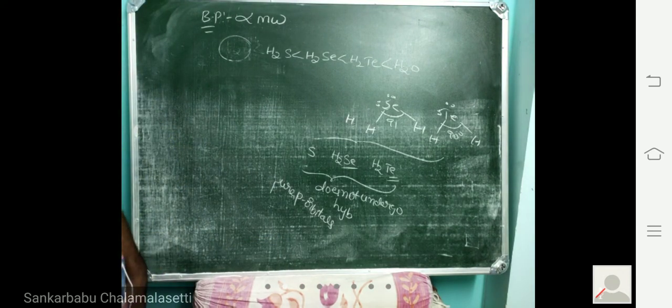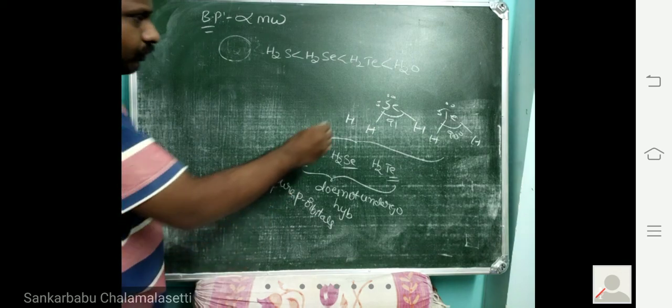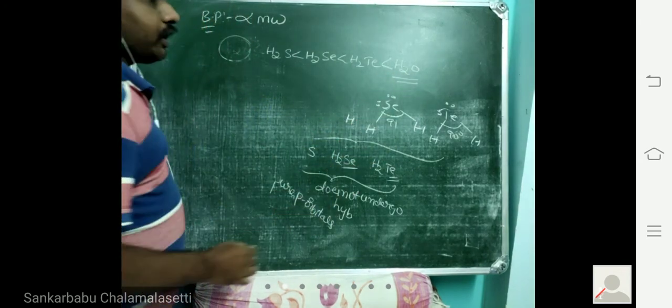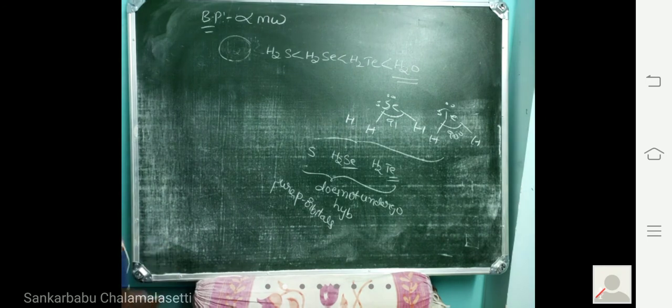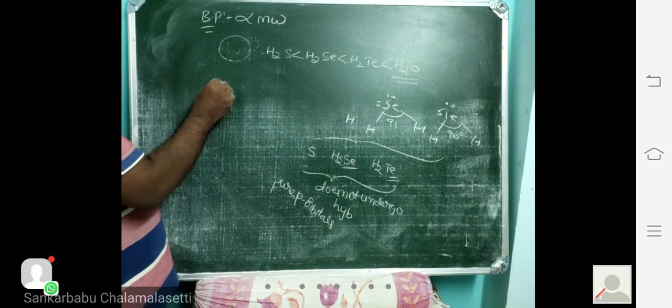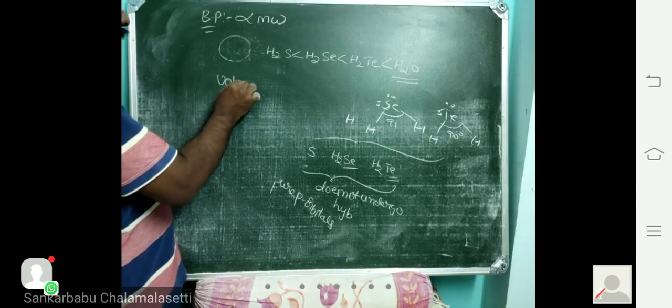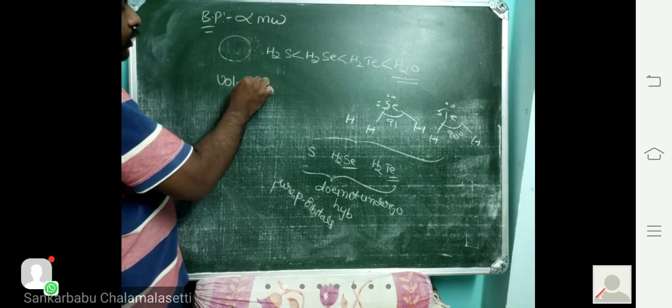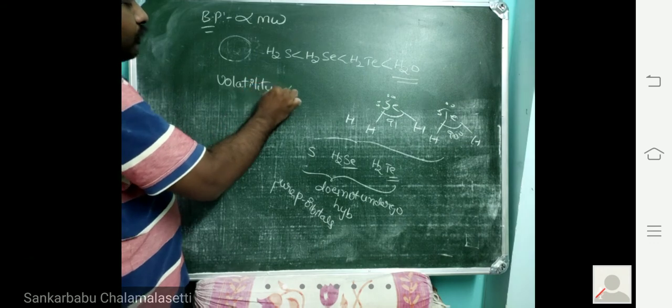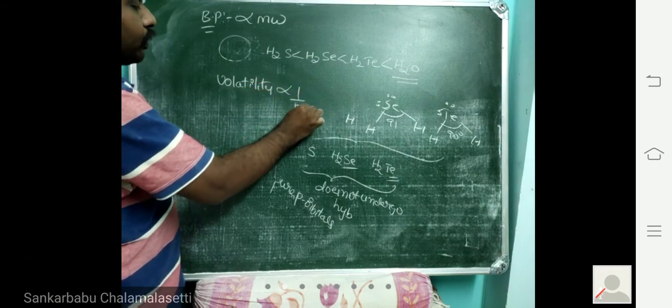The reason for this is that in H2O there is hydrogen bonding. Due to the presence of hydrogen bonding, the boiling point of H2O is more than expected. Volatility is inversely proportional to boiling point.